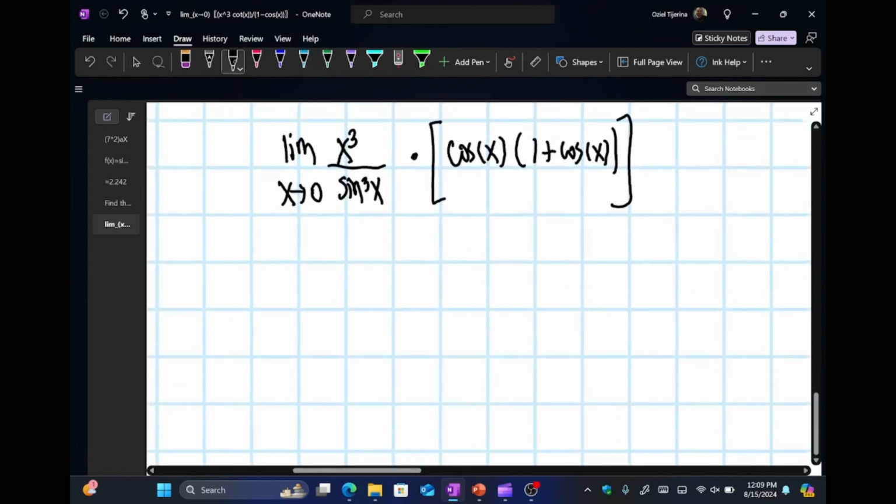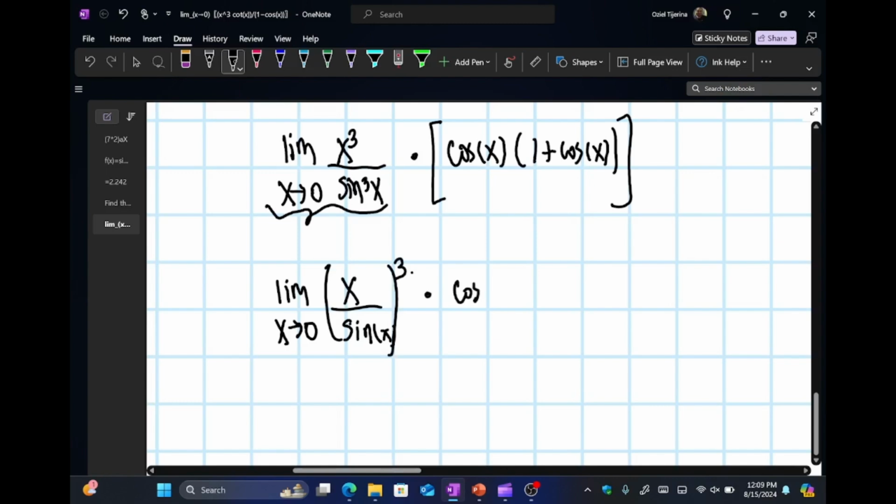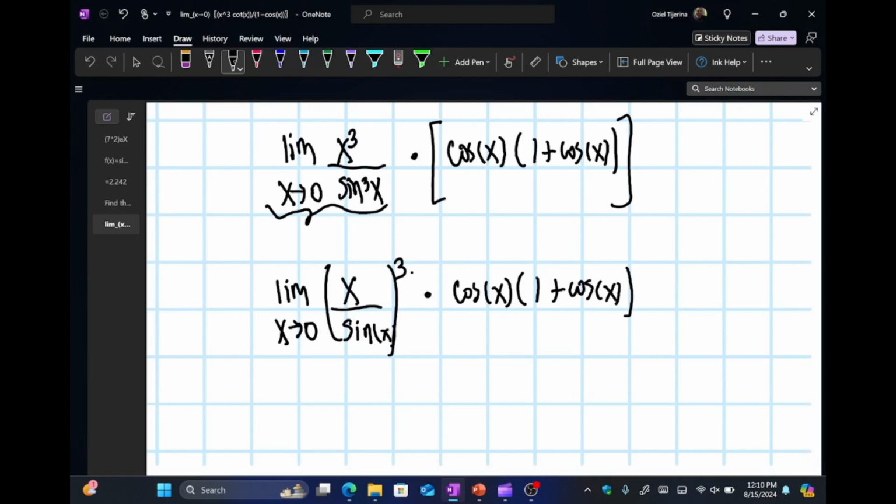Finally, we know that this is equal to the limit as x approaches 0 of x over sine x, all cubed, times cosine x times 1 plus cosine x. Now we just need to do the actual problem the following way.